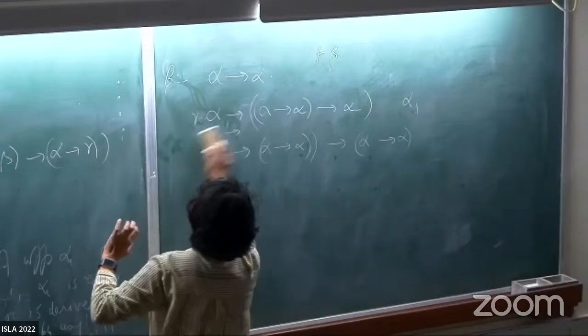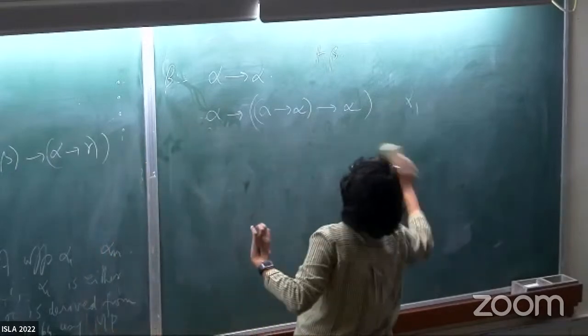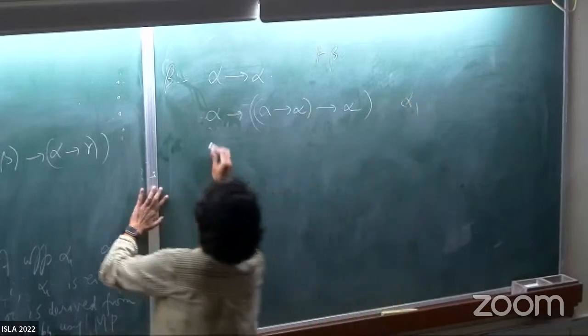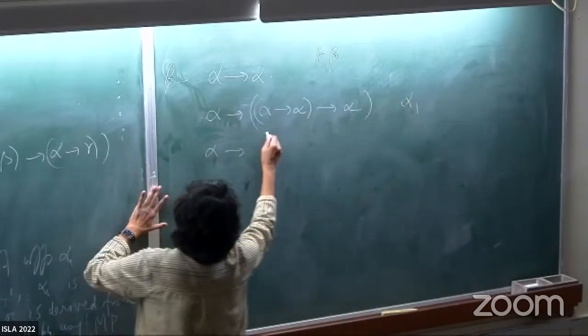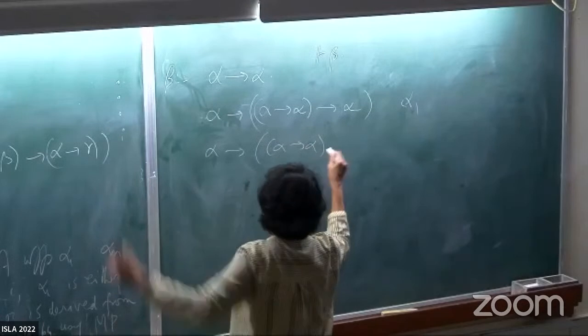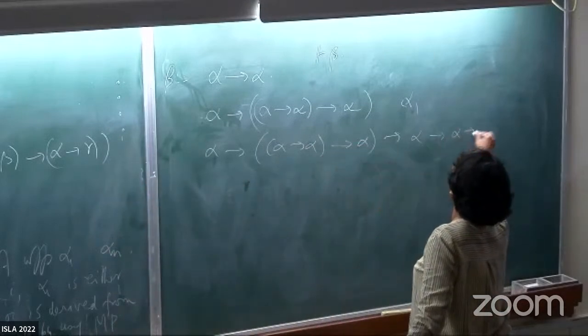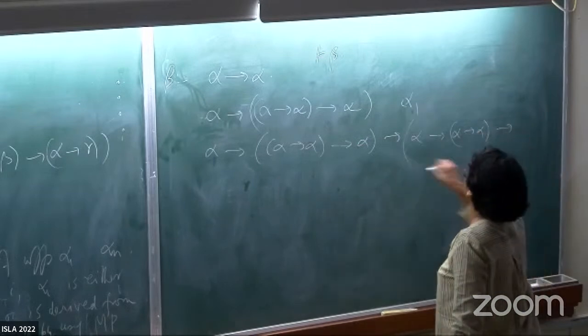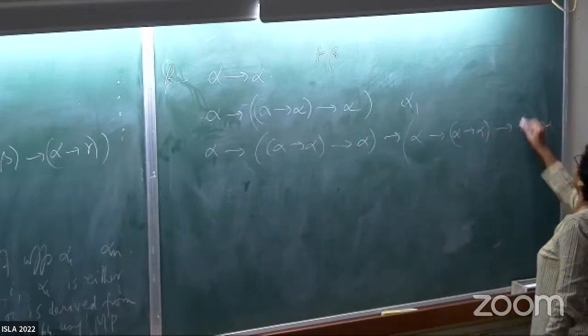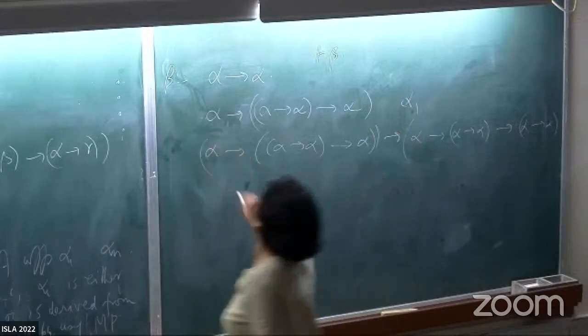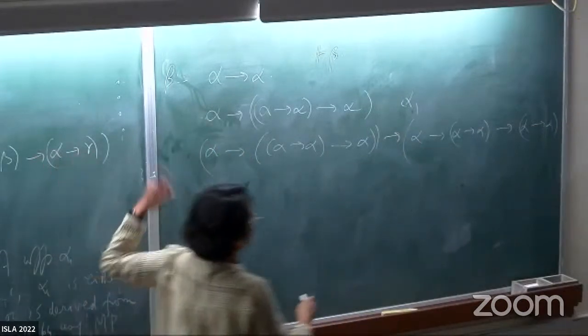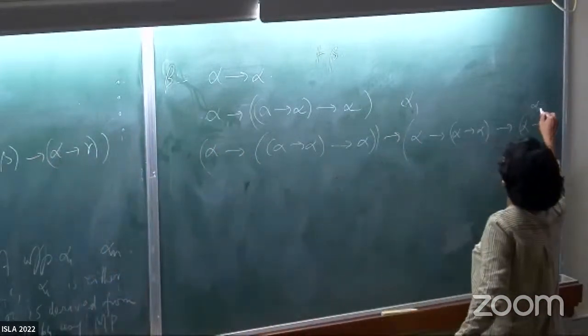Let me write this down instead of creating confusion. Alpha 1. The next one will be, just write down that axiom applied to this formula. I hope that's clear. I've just used A2, the second axiom. So this is my alpha 2.